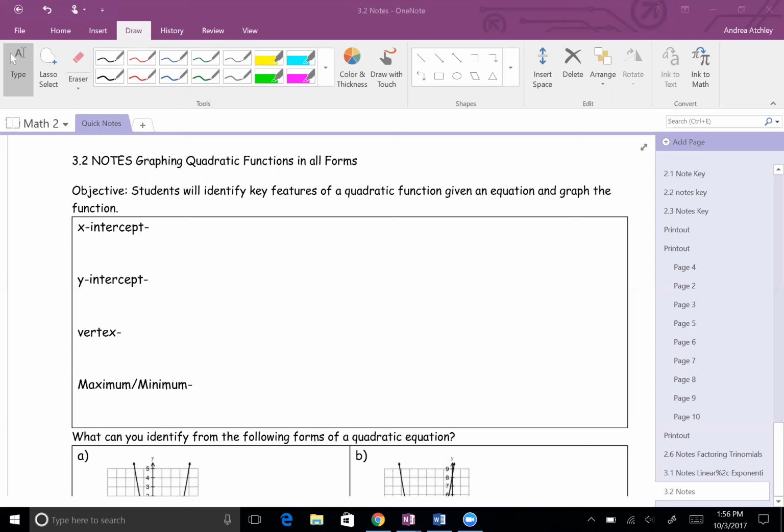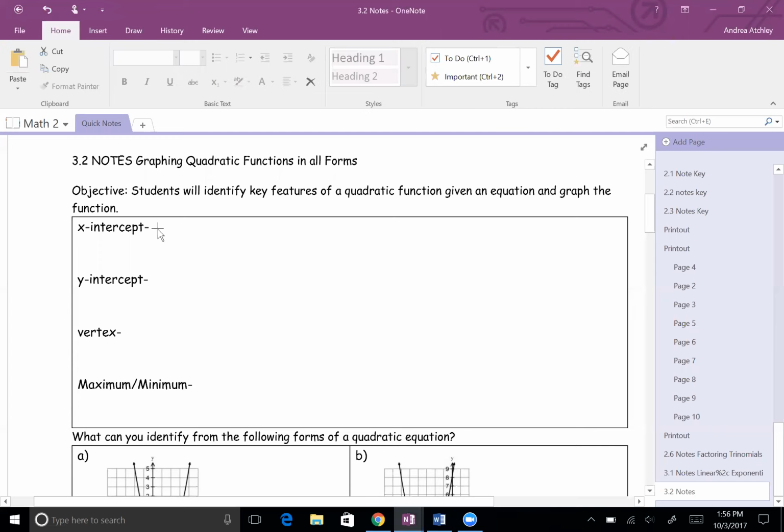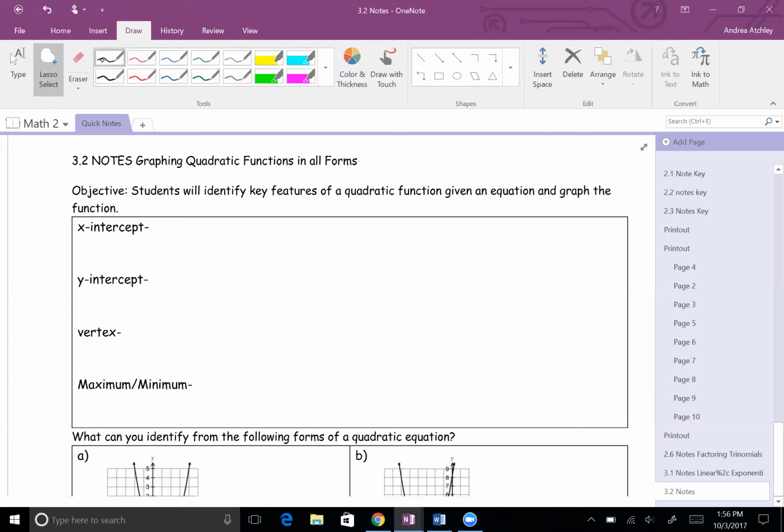Can anybody raise their hand and tell me what an x-intercept is? Jeannie? That's the x-axis, but what's an x-intercept? Yes, where it crosses the x-axis.